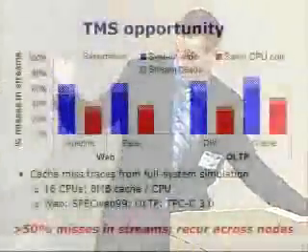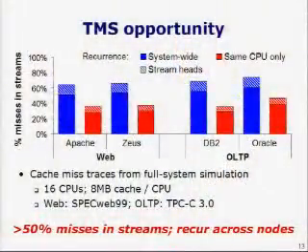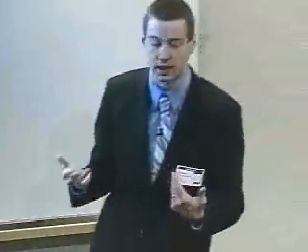Let's begin with this most important question, how much repetition is there? What I'm showing you here on the vertical axis is the fraction of all of the main memory accesses, so all of the misses out of the last level of cache in a multiprocessor environment. These commercial applications are running on a 16 processor distributed shared memory system.